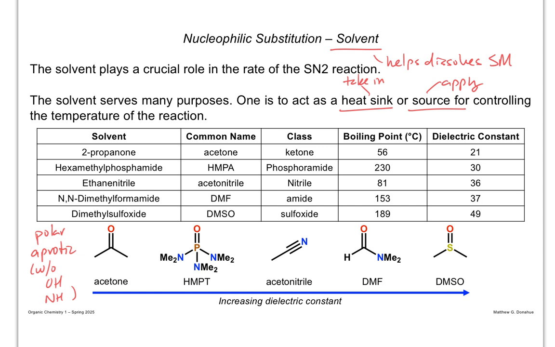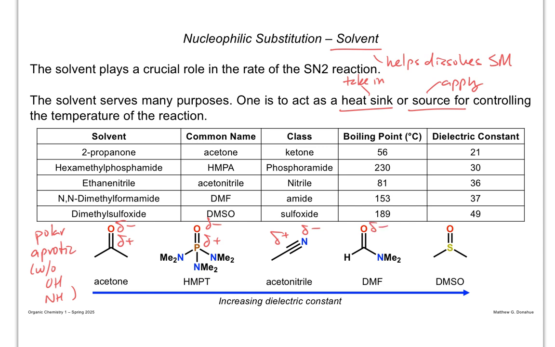So how are they polar? You have a carbonyl group here for the ketone, so delta minus, delta plus, that imparts polarity. HMPT, you have delta plus, delta minus of that P=O double bond. The nitrile, nitrogen's negative, carbon's positive.